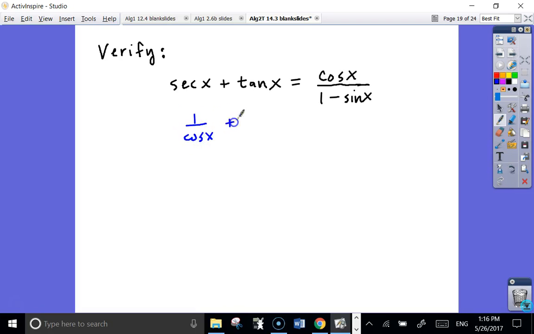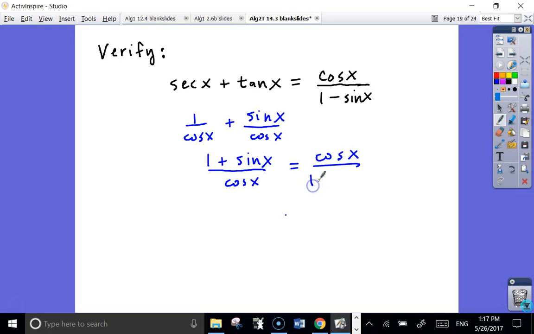I'm going to make the tan x sine over cosine. And they have the same denominator, so now I can add the numerators: 1 plus sine x over cosine x. And now we've got that whole thing equals cosine x divided by 1 minus sine x.